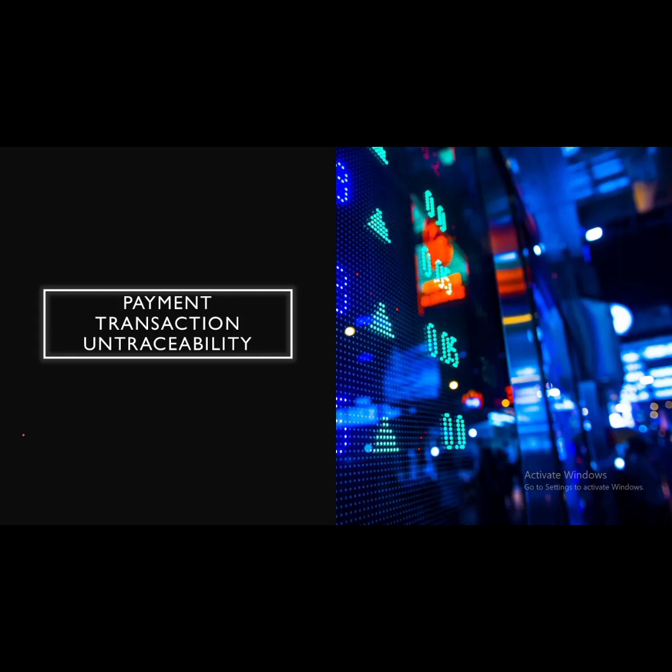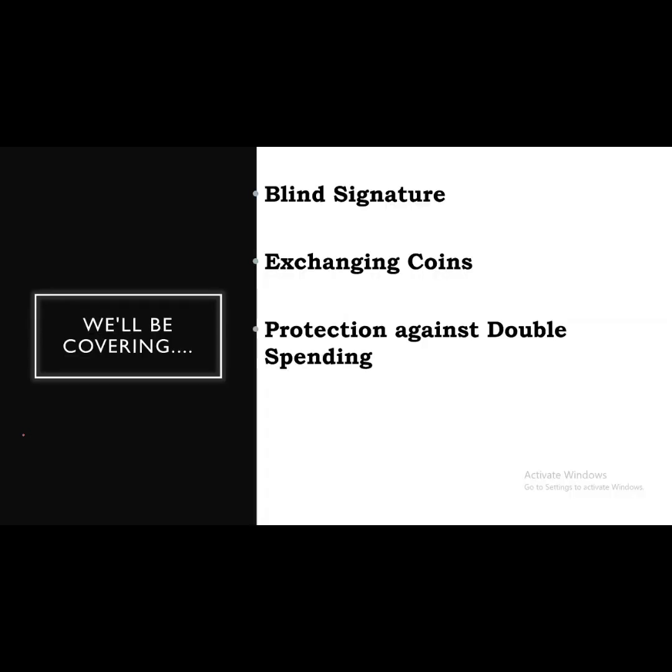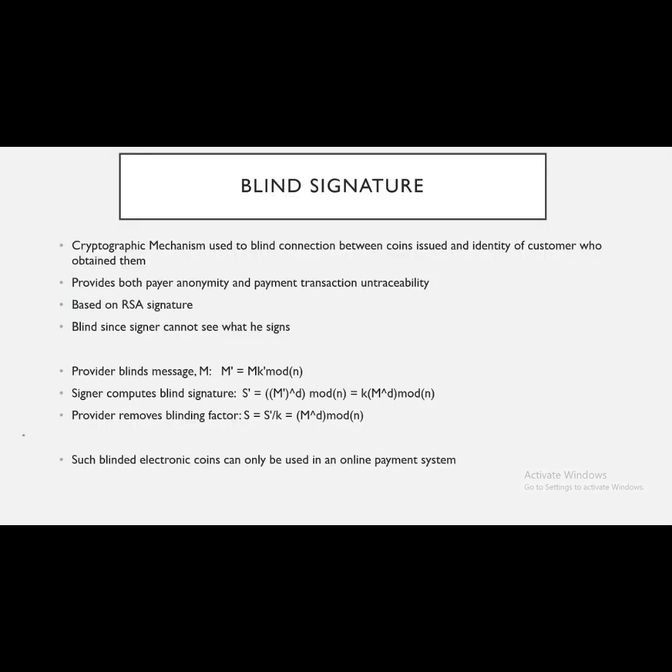To prevent this, we use special mechanisms, and those include these three mechanisms: blind signature, exchanging coins, and protection against double spending. We'll be covering these three topics in today's video.